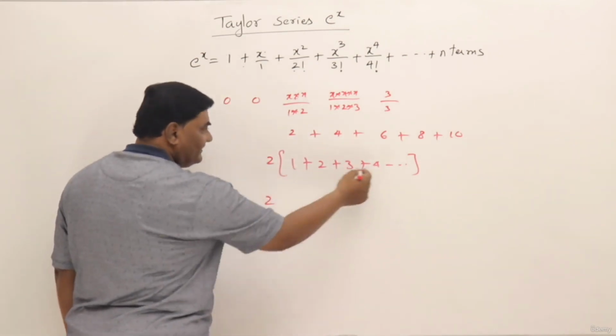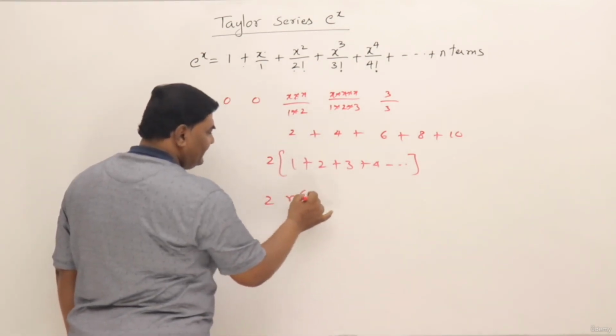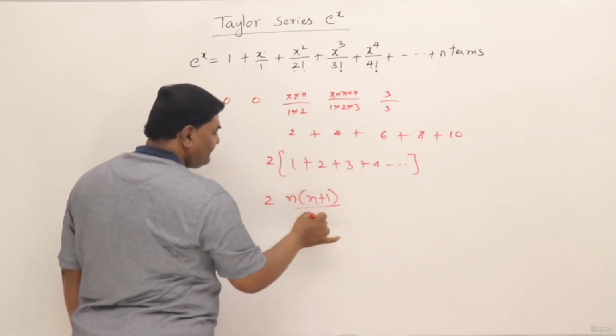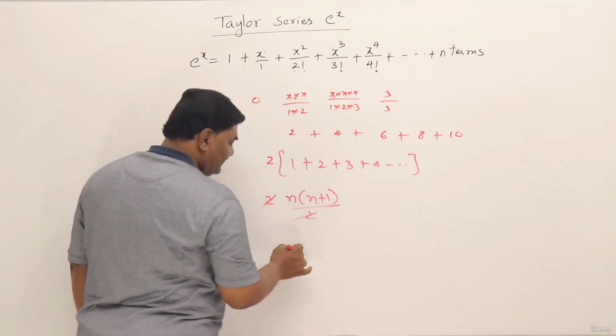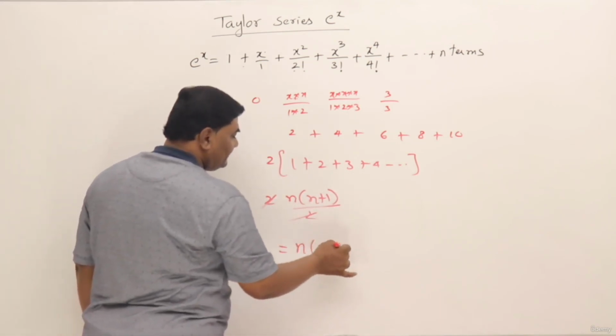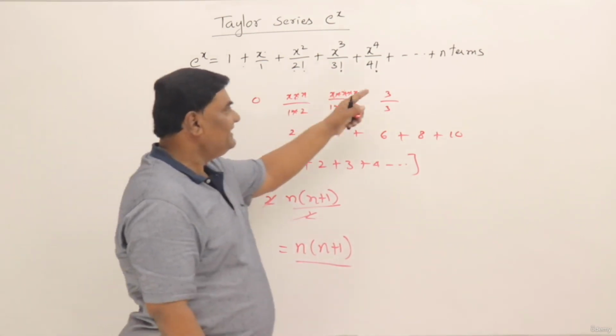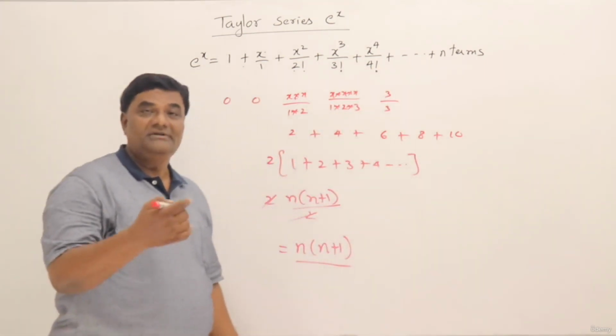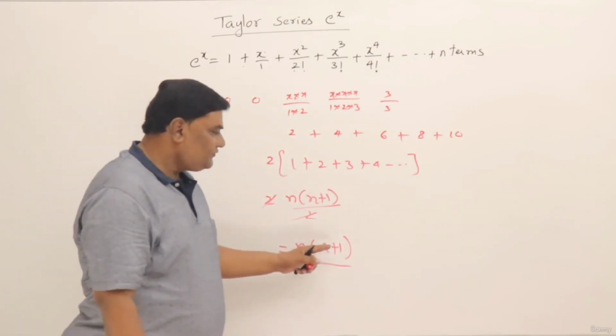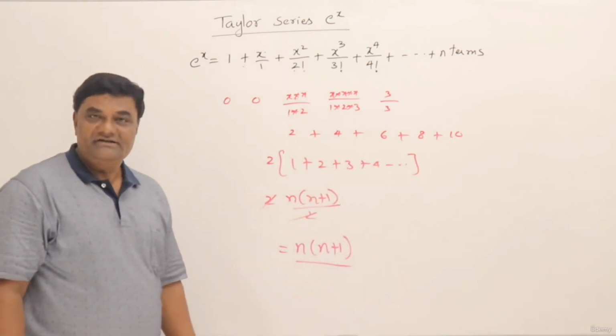This is the summation of n terms, which is n into n plus 1 by 2, and the result is n into n plus 1. So if you are evaluating a Taylor series for n terms, n into n plus 1 multiplications are required.